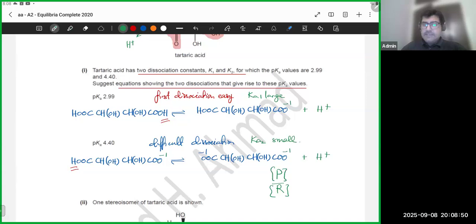The reason I'm telling you this is that you also need to remember that if your K is large, the negative log would actually be smaller. So pKa would be small.